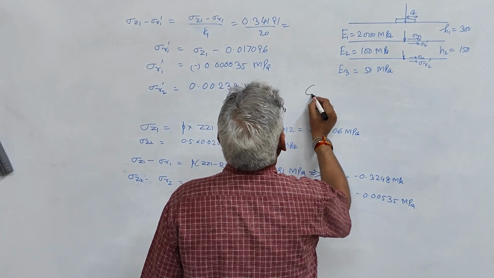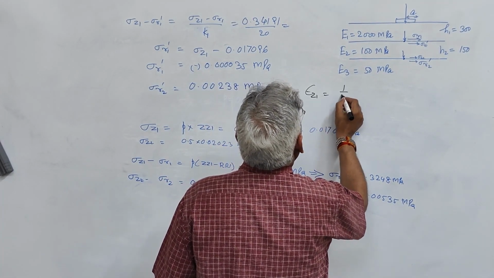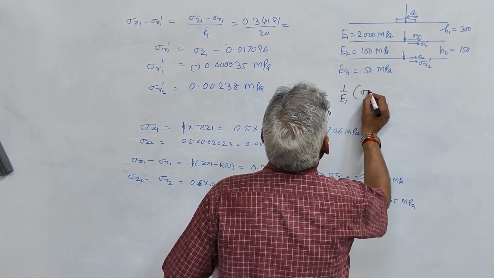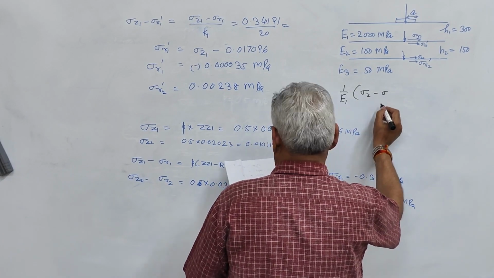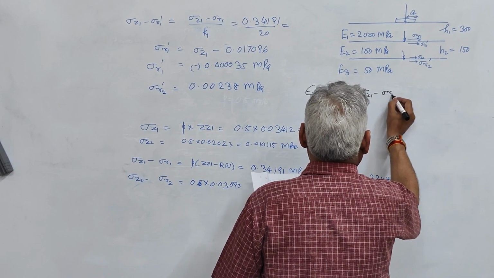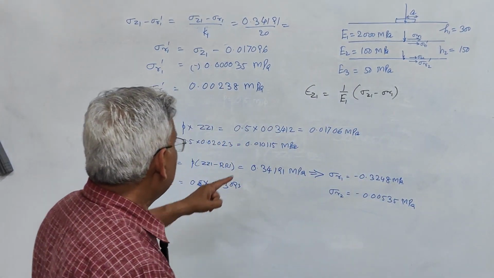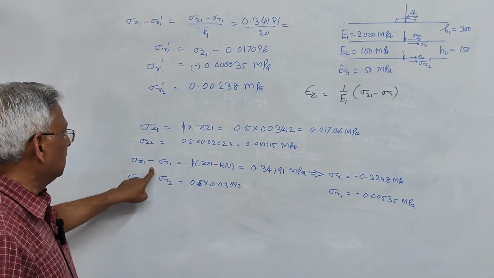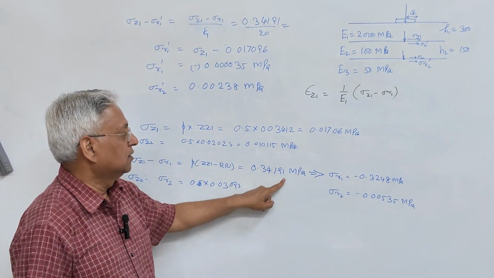The first strain, epsilon Z1, is 1 upon E1 into sigma Z1 minus sigma R1. Now sigma Z1 minus sigma R1 you calculated here, 0.34198.